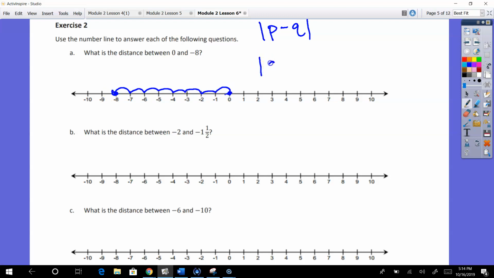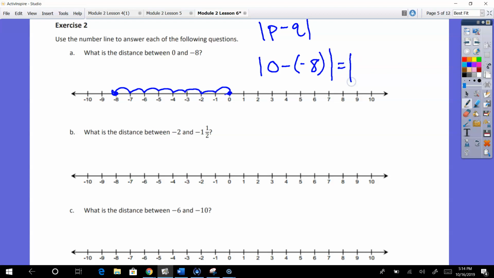Okay, so 0 as P minus -8 as Q. We already have the minus sign. We have -8. So we are doing -8. Whoops. I'm making all kinds of mistakes today. Okay, so instead of subtraction, we need to rewrite it.